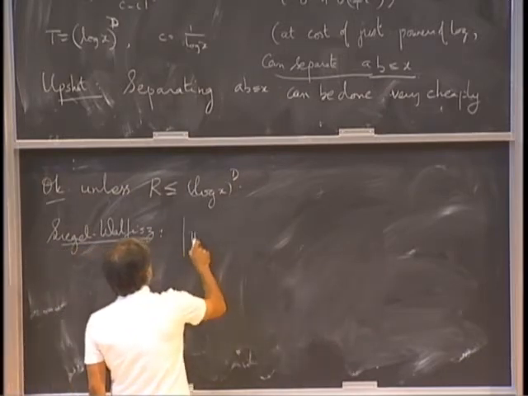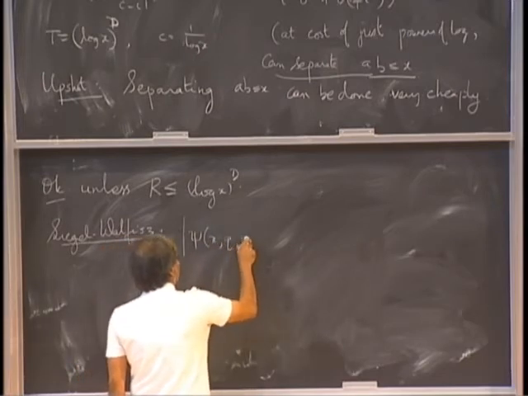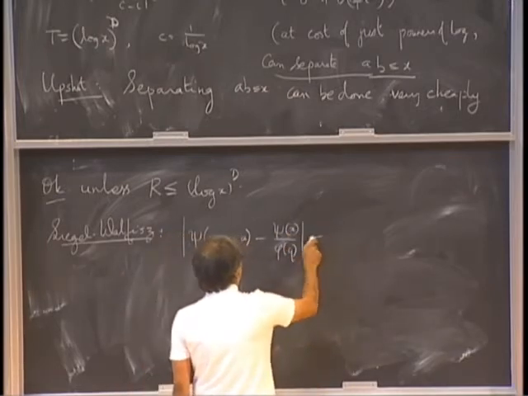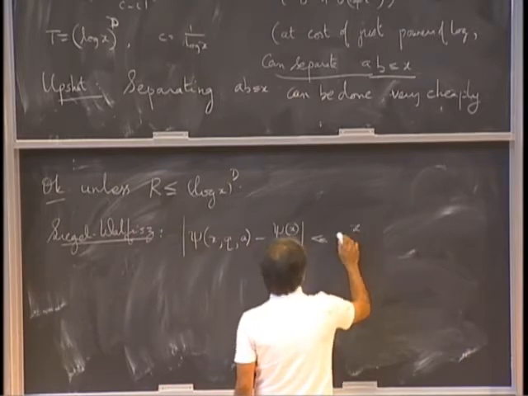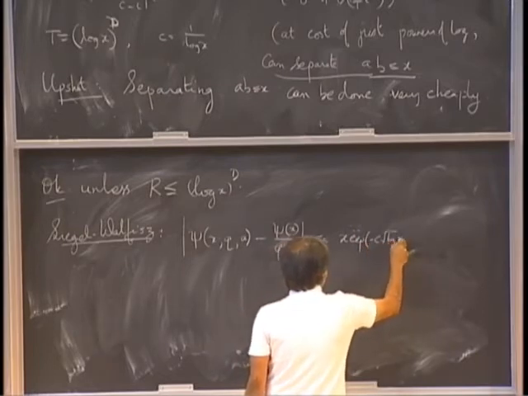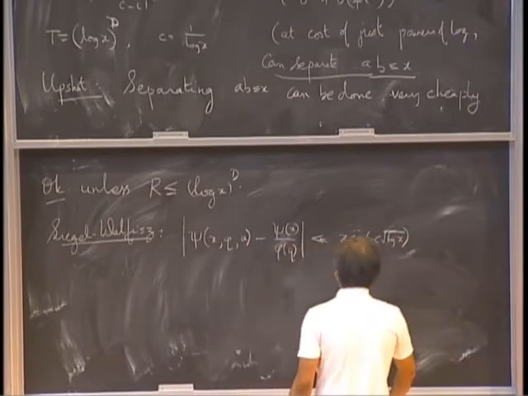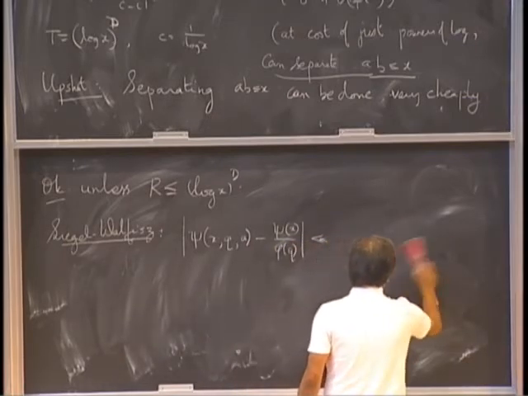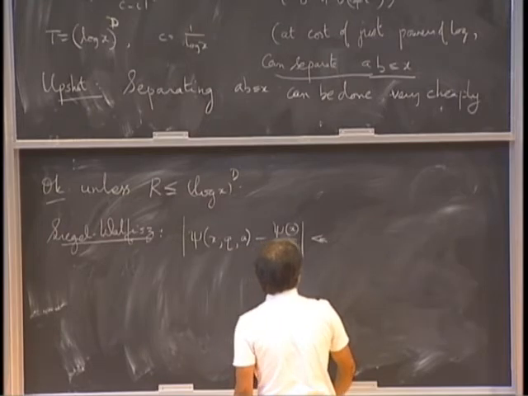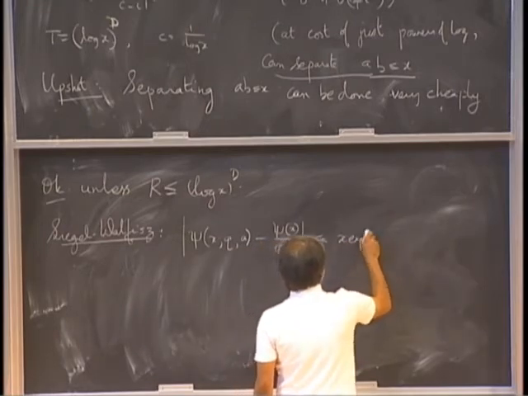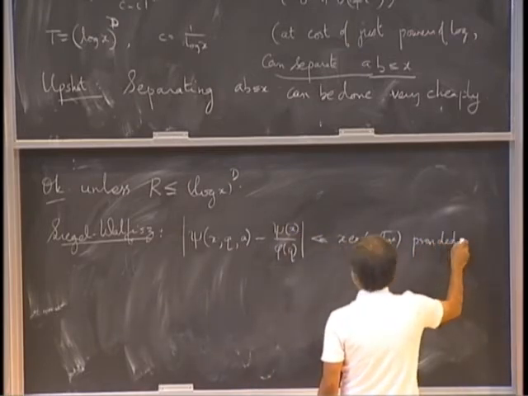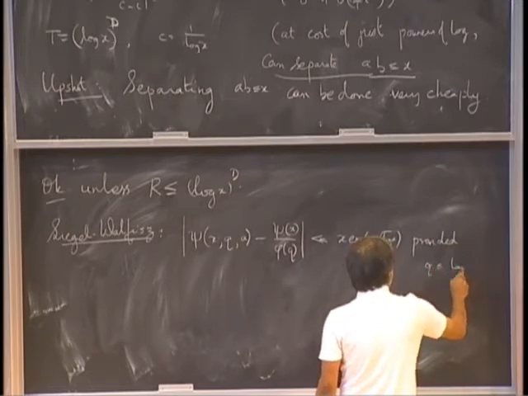So either directly we know that psi(x; q, a) minus psi(x)/phi(q) is bounded by something like, let me say, x e to the minus c root log x, provided q is less than log x to some power.